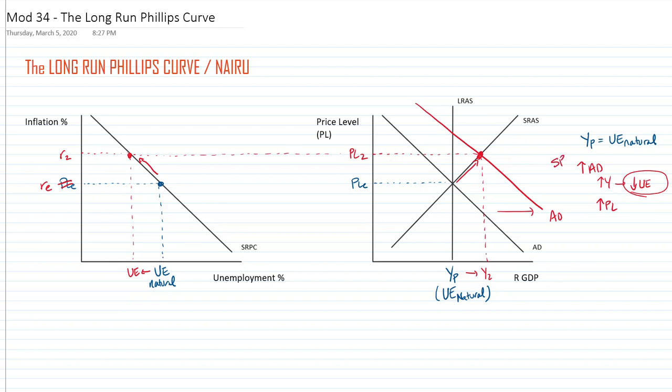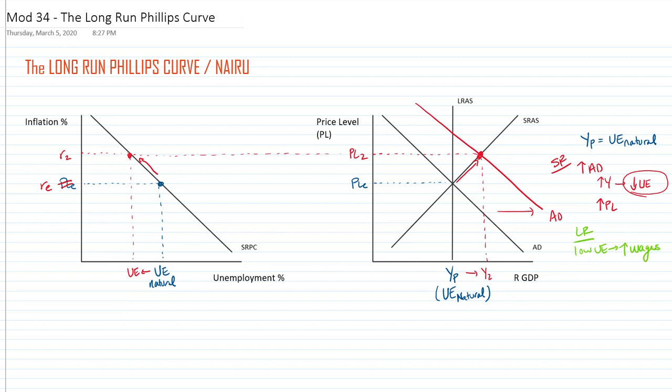So the logical question is, how do we get from this short run circumstance, and what's going to happen in the long run? What's going to happen in the long run, not only on our ADAS model, but also in our Phillips curve? Well, we start on our ADAS model. In the long run, we know that a low unemployment rate is going to drive up wages.